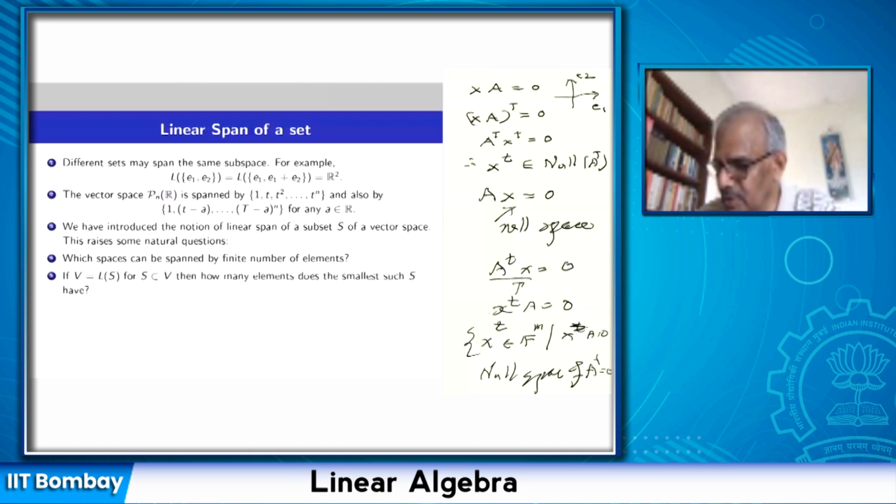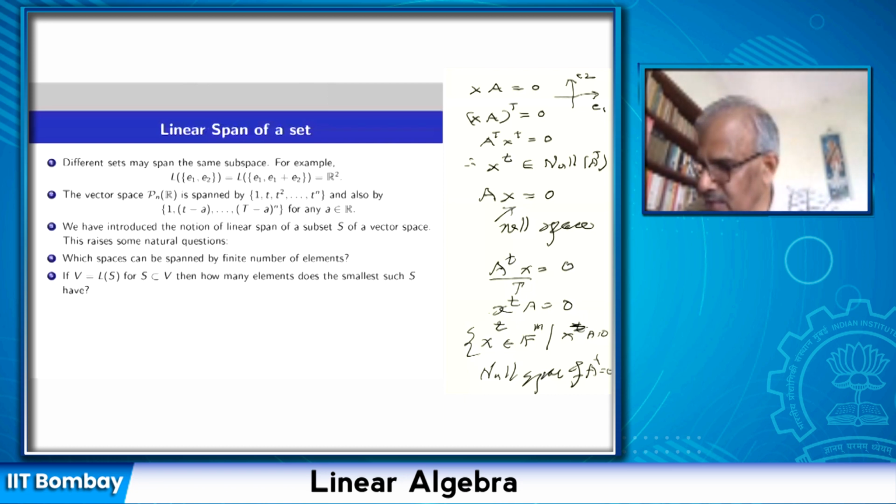Okay. So if V is the linear span of a finite set, then how many elements does the smallest such set have?